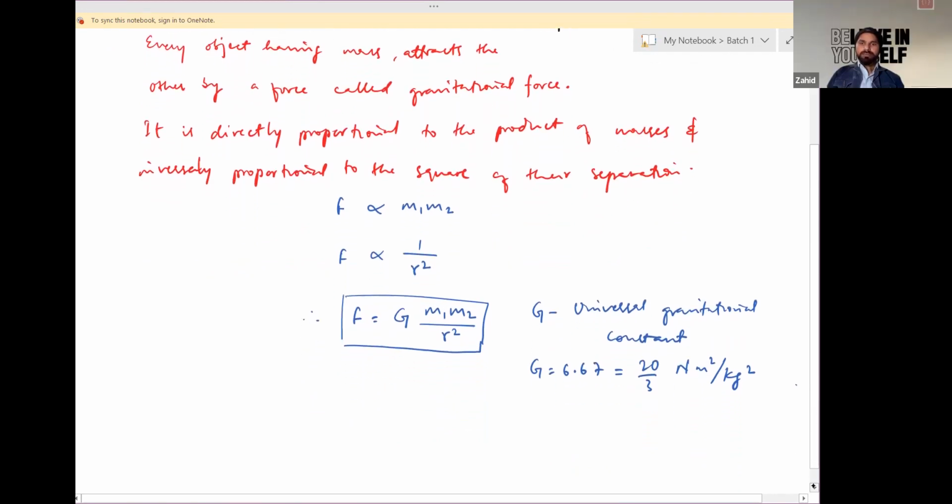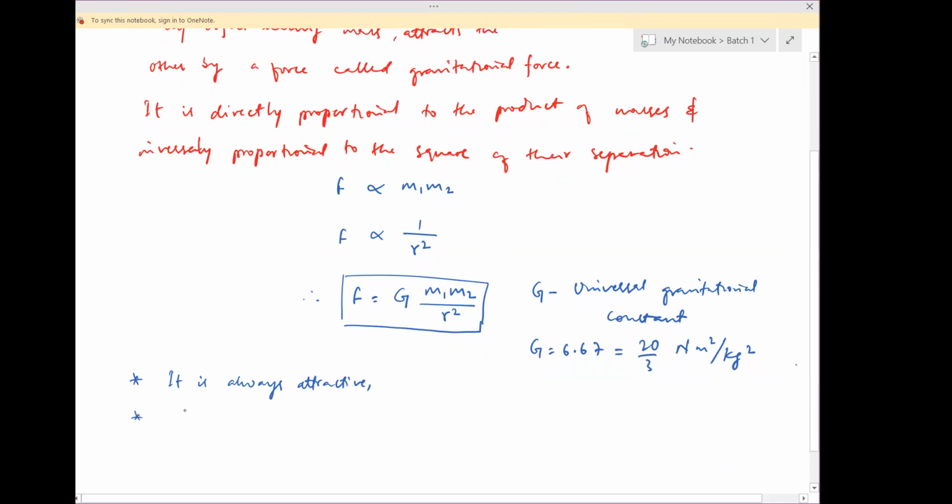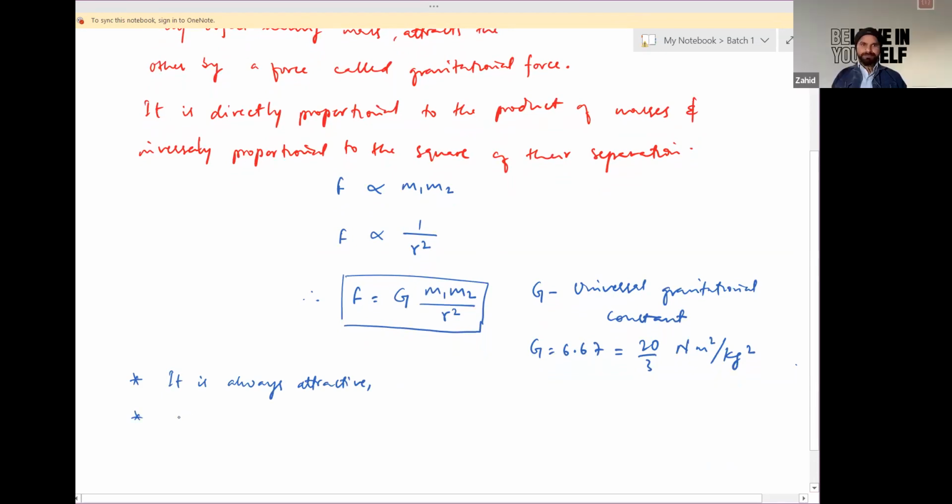Now, there are some properties of this gravitational force. First, it is always attractive. Next, it is medium independent, which means if this entire system is immersed in a fluid or water, the gravitational force between two particles will remain the same.